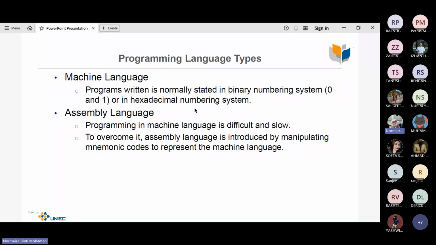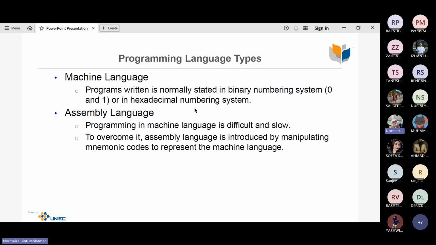So that is machine language. You either write by using the binary system or the hexadecimal numbering system. But still, we have to use the numbers 0 and 1 because a machine is basically just a couple of switches that go on and off, 0 and 1.